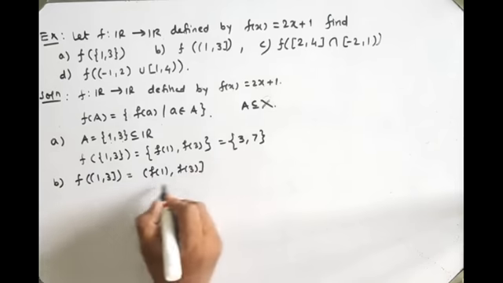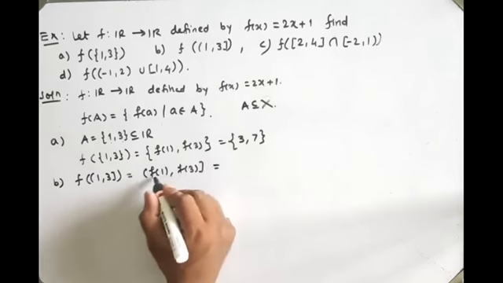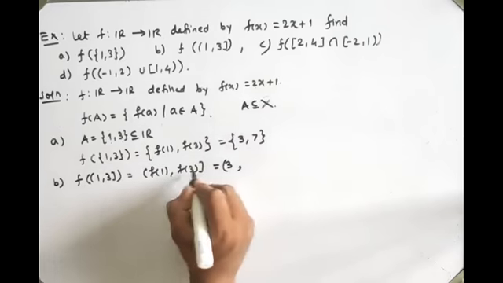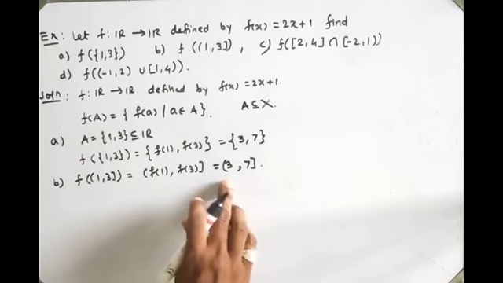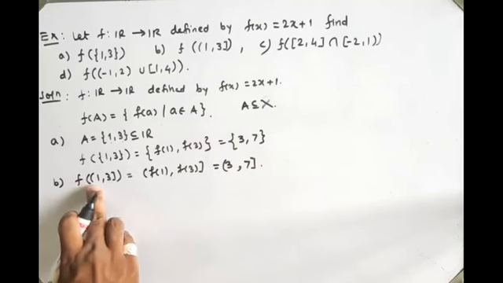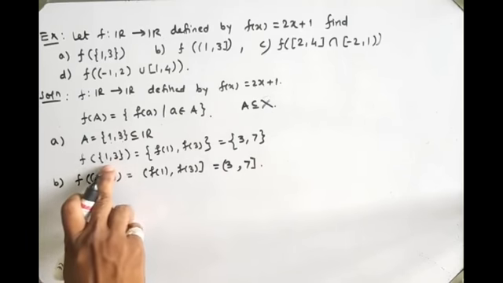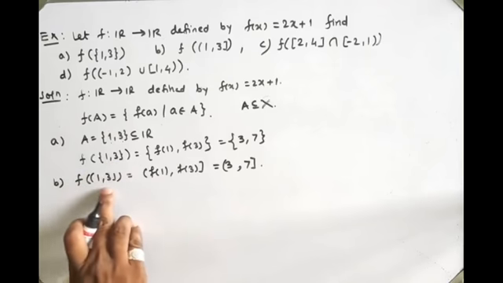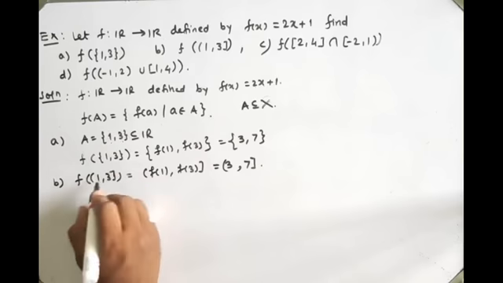So what is f of 1? f of 1 is 3 and f of 3 is 7. This is the interval (3, 7], because here we are given an interval, and here is a set. The curly bracket has the elements 1 and 3, here the interval 1 to 3.